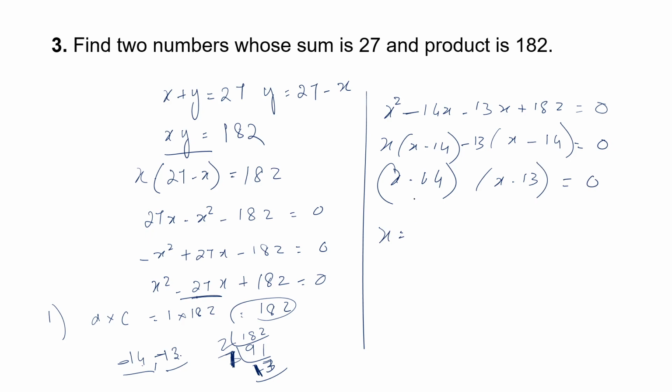So x is equal to 14 or x is equal to 13, whose sum is 27 and the product is 182. Okay, so this is the solution for this.